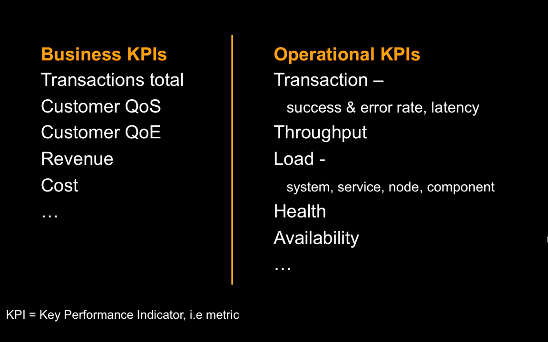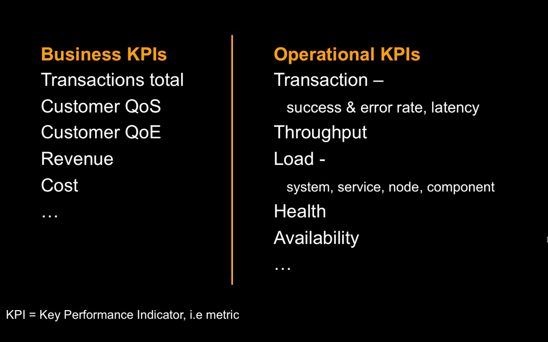Ultimately, your business people will want to monitor your revenue, your incoming transactions and business, and also the associated cost, and many other metrics. On the operational side, you are definitely interested in transactions. These are requests from your customer that you serve as responses from your system. So you will want to know the success rate, the error rate of your system, and the latency, how fast or how slow is your overall service. Also the throughput, how many customers, what is the volume, what is the speed at which you are able to actually scale out your service.